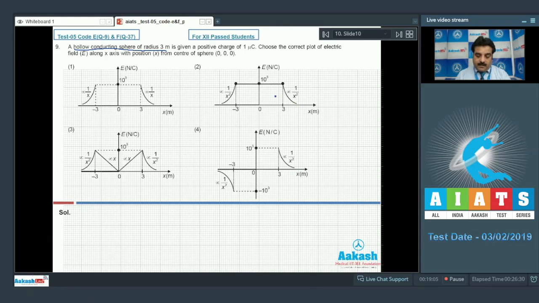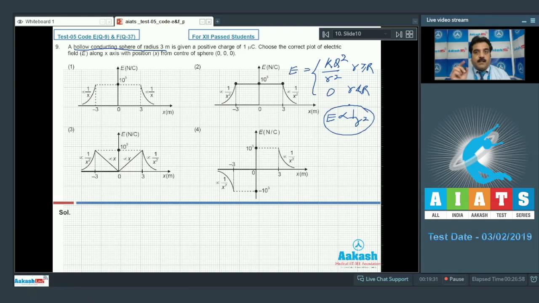We know very well the electric field will be kq upon r square when the position is greater than or equal to the radius, at the surface or outside. But when you go inside, you know very well it will be 0, when r is less than R, an internal point. And the electric field is inversely proportional to r square outside the sphere.